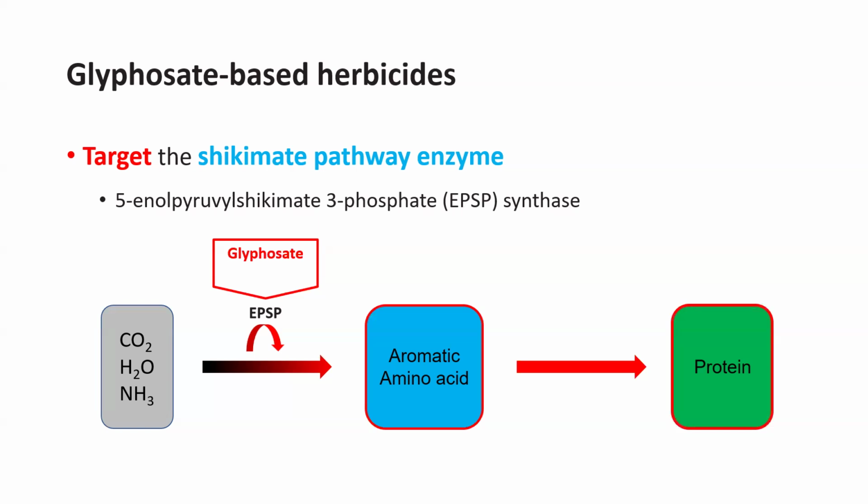The aromatic amino acids go into protein synthesis, and that affects the growth of the plant. Glyphosate binds to EPSP synthase, blocking the production of these amino acids and, of course, killing the plant.